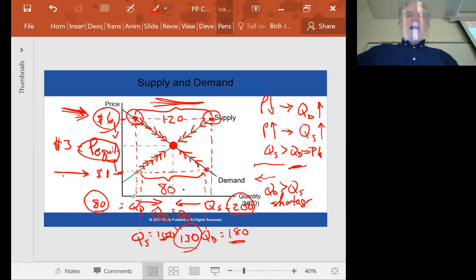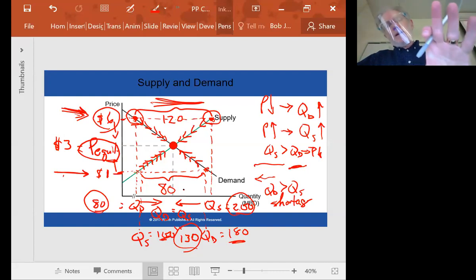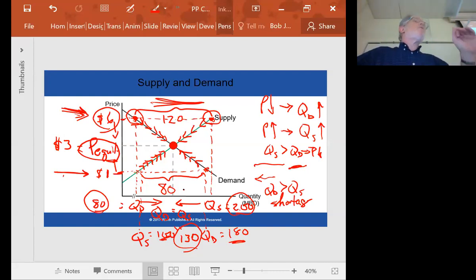All right, this is the basic model. The whole purpose of the model is to figure out what determines the price of the product, and to be able to use this model to determine the effect of various things that occur. We identified a number of shift factors for demand.